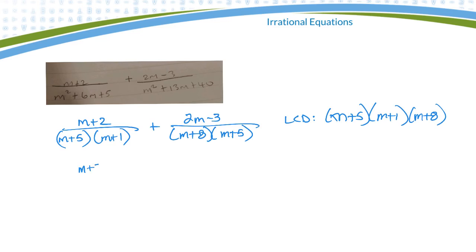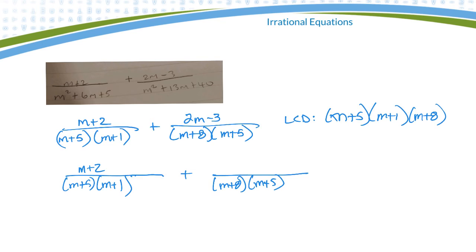I have m plus 2 over m plus 5 and m plus 1, plus on this one, I have m plus 8, m plus 5, and on the top I have 2m minus 3. So to this first one, to get the lowest common denominator, I need to multiply by m plus 8 on both the bottom and the top.